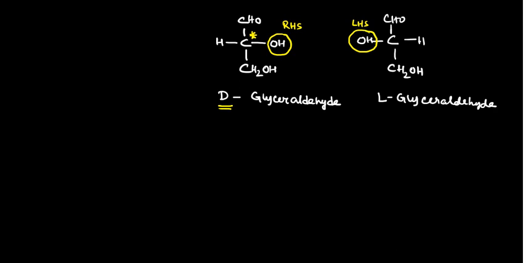Right? So now have a look and compare the relationship between D-glyceraldehyde and L-glyceraldehyde. One is the mirror image of the other. Okay, so in the next class we are going to see how we get into the concept of D and L for glucose, right? Thank you.